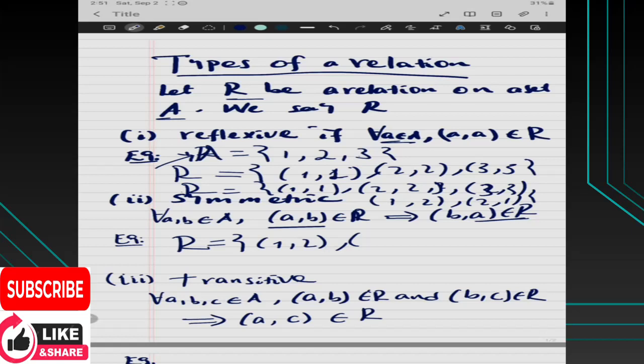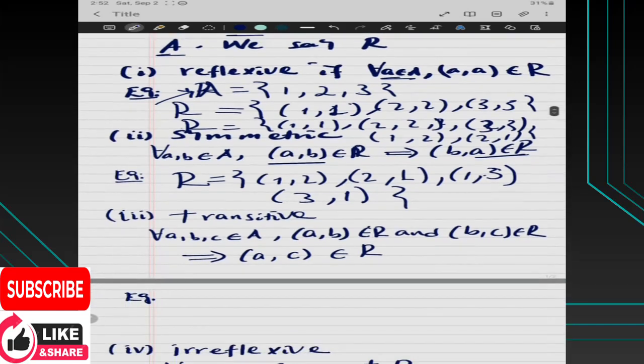If there is (1,2), then to be symmetric there should be (2,1), and let's say (1,3). Then to be symmetric, (3,1) should be there. So this is one example of a symmetric relation.